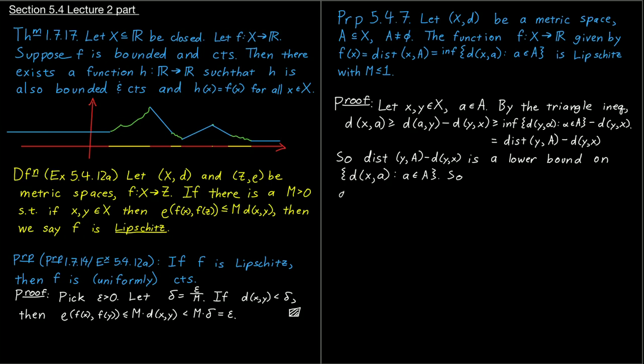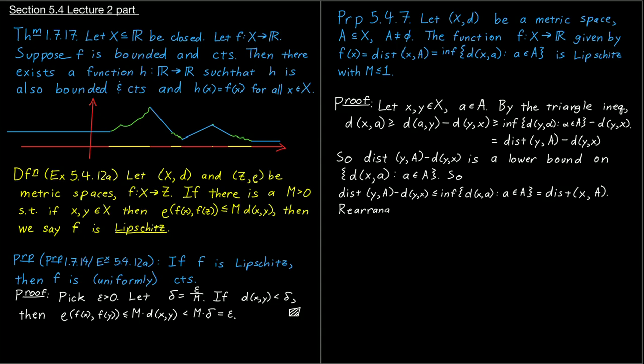So distance from y to A minus d(y,x). If it's a lower bound, it can't be any bigger than the greatest lower bound. And that's better known as the distance from x to A. And then we just rearrange this inequality.